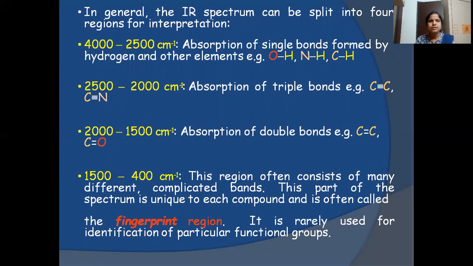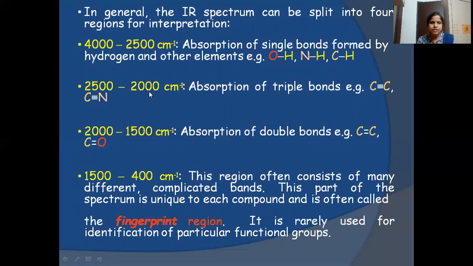In general, these are the IR spectral regions that we have split into 4 regions, just for our convenience, so that we can remember the vibrational frequencies of each functional group. From 4000 to 2500, as we have seen in the first slide itself, it may contain OH, NH and CH stretching vibrations.